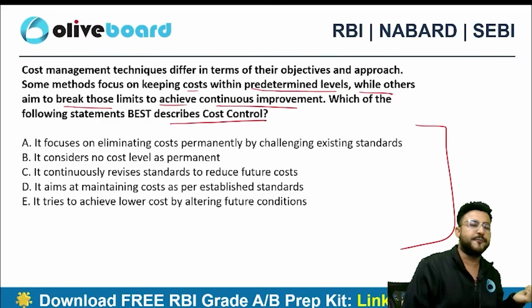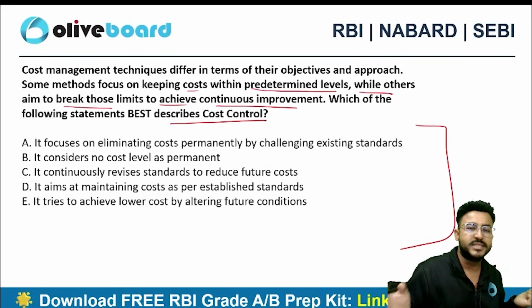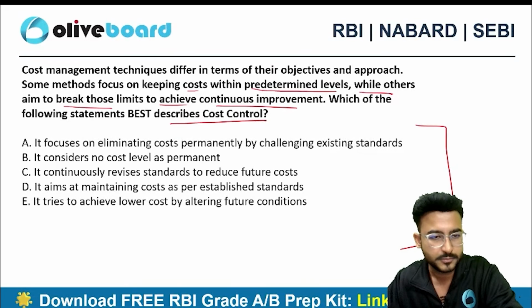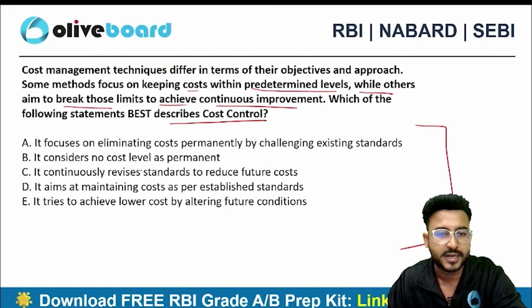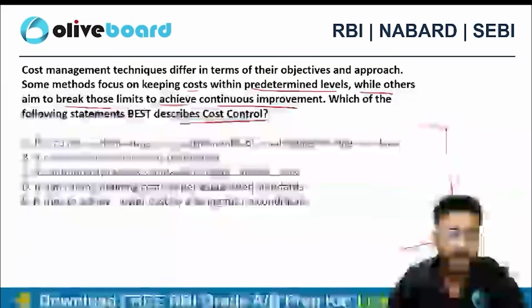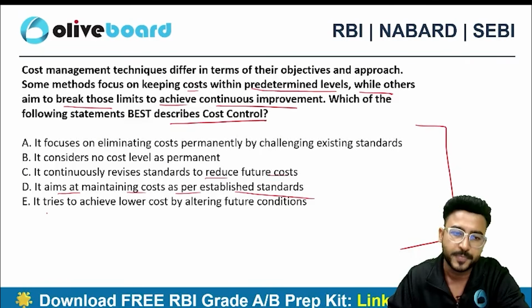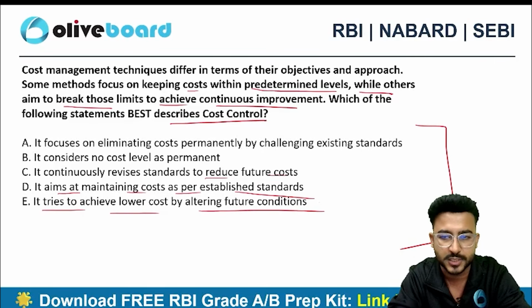Option A, it focuses on eliminating the cost permanently by challenging the existing standards. It considers no cost level as permanent. Option C, it continuously revises the standards and reduces the future cost. Option D, it aims to maintain the cost as per the established standards. Option E, it tries to achieve lower cost by altering the future conditions.